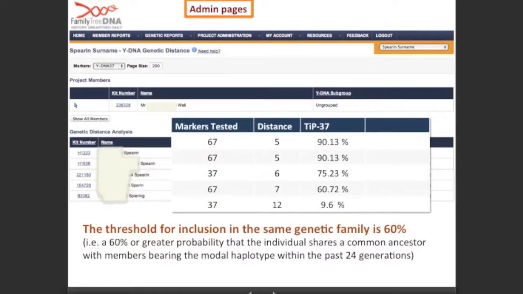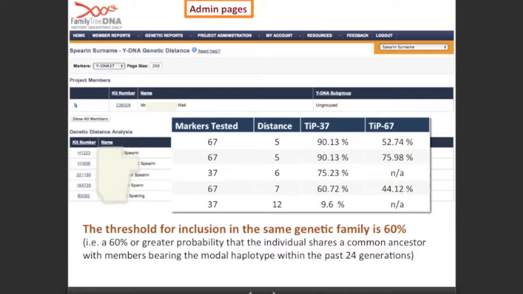So here's what we did previously. At 37 markers, we've got 90, 90, 75, 60, and 9.6. At 67 markers, we can see that even though the genetic distance was 5 at 37, and we got very similar results with the tip tool, those results have really gone down when you go up to 67 markers.